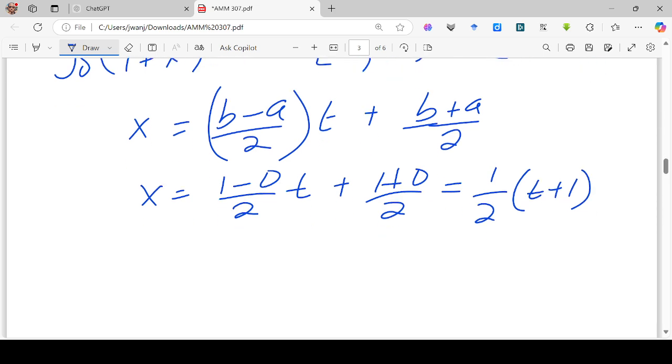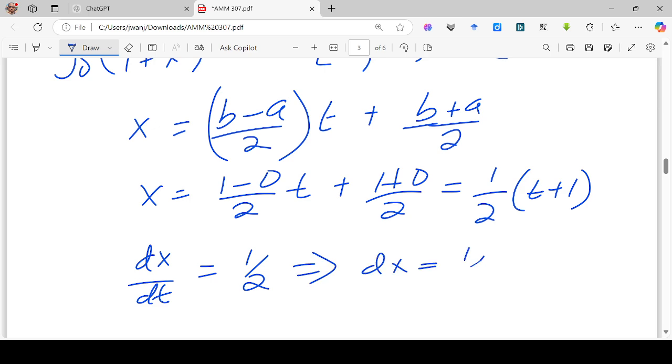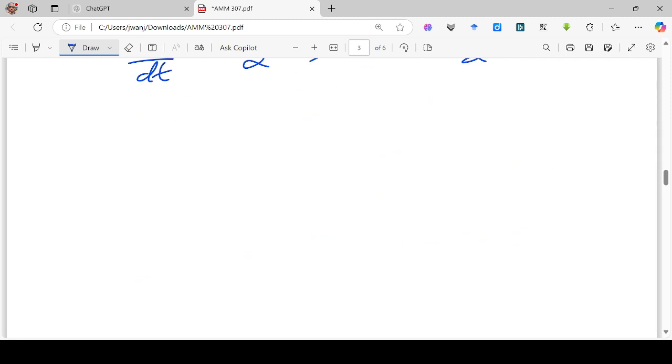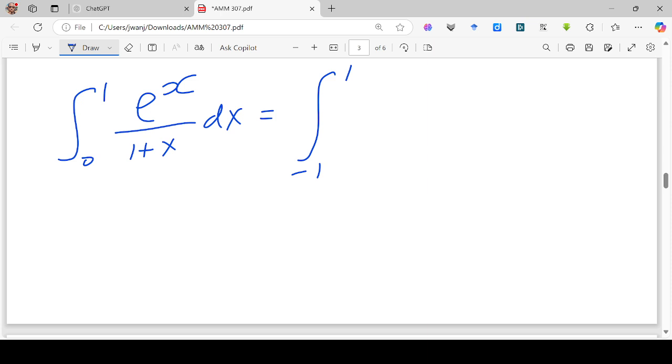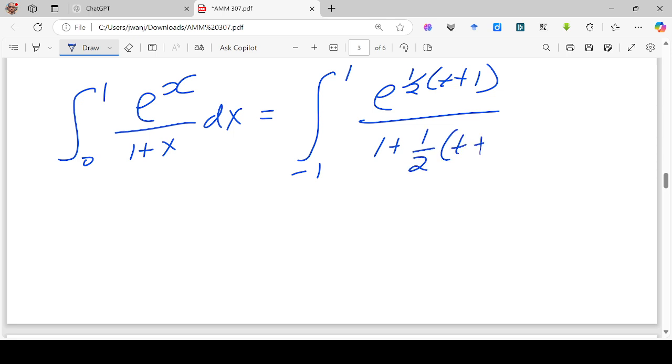We say that dx by dt is equal to a half, meaning that dx is equal to a half dt. So our integral, which is the integral from 0 to 1 of e raised to power x divided by 1 plus x dx, can now be expressed as the integral from -1 to 1 of e raised to power a half times (t plus 1) divided by 1 plus a half times (t plus 1), then times a half dt.